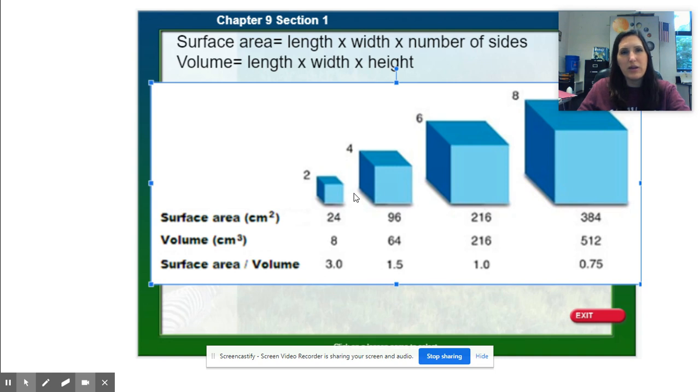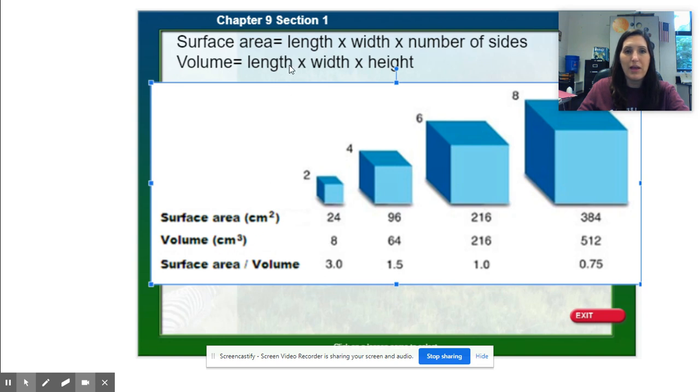One of the slides you're going to see in the notes section is about the surface to volume ratio. So here are surface areas of cubes. So remember, surface area is length times width times number of sides. So here we have a surface area of 2 times 2 times 6, number of sides, is 24.